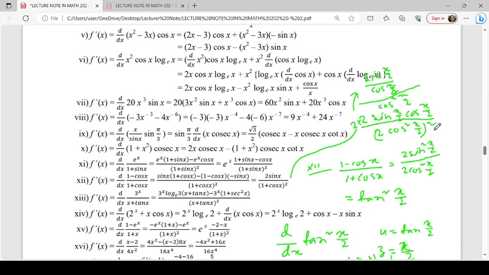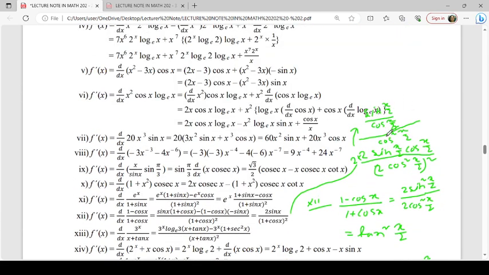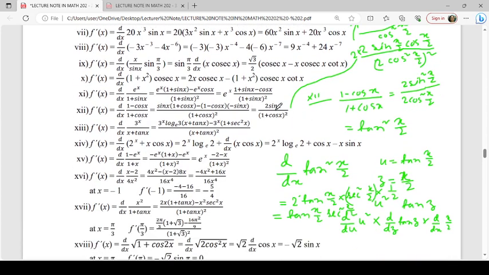So ultimately we get tan x by 2 into sec square x by 2. This is tan x by 2 and this is 1 by cos square, which becomes sec square, so ultimately the result is the same. This one is in terms of x and this is in terms of half angles.